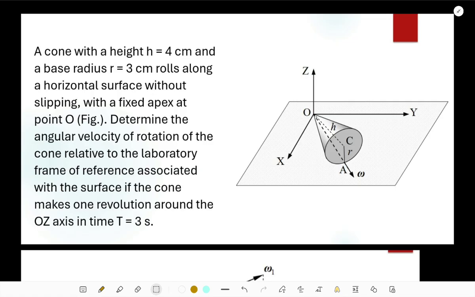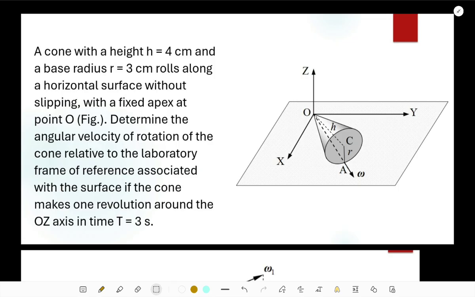There is a cone with a height h equals 4 centimeter and a base radius 3 centimeter. It rolls along a horizontal surface without slipping, with a fixed apex at point O. Determine the angular velocity of rotation of the cone relative to the lab frame associated with the surface.